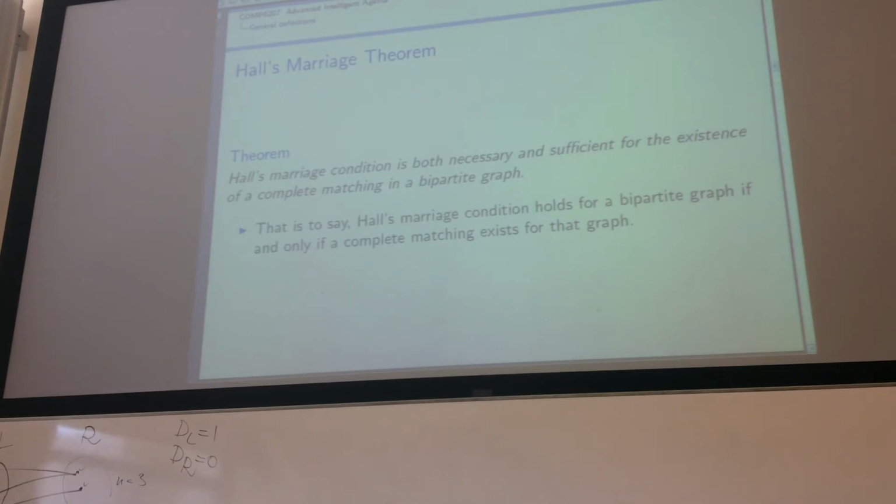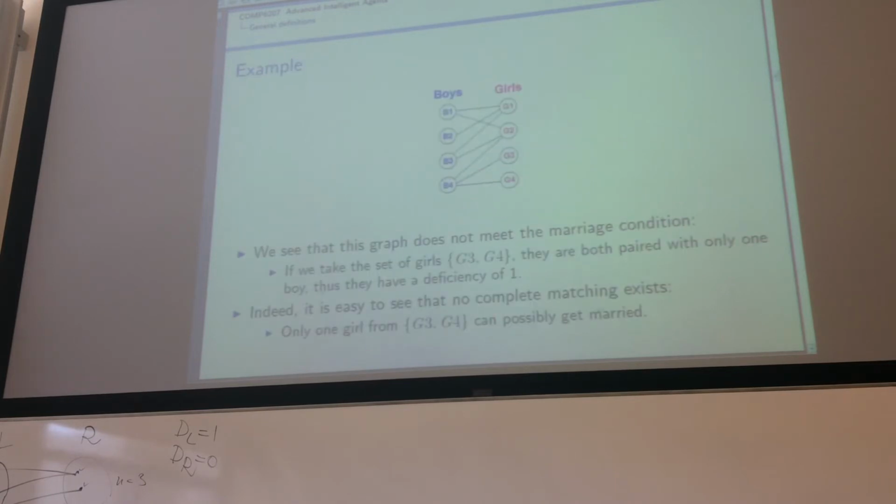So this condition holds for the graph if and only if there is a perfect matching in that graph. So if we look at this example again, this graph will not meet Hall's condition. Look, for example, at the girls 3 and 4. They both pair with only one boy.